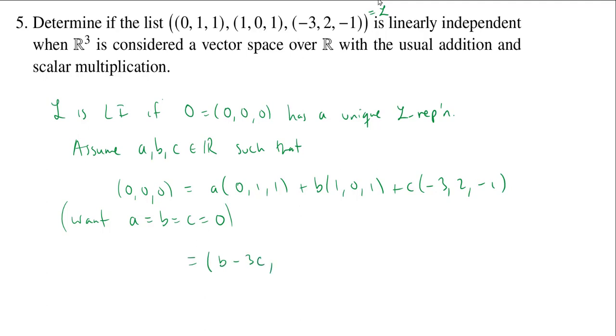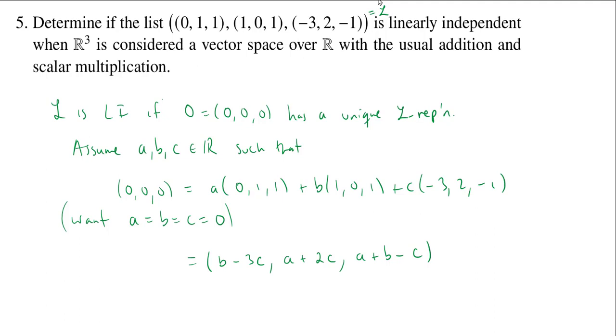In the second component, I get A times 1, B times 0, and then 2 times C, so this will give me A plus 2C. And finally, in the third component, I get A times 1 plus B times 1 plus C times negative 1, so this is A plus B minus C. Now on the left-hand side, I have 0, 0, 0, and on the right-hand side, I have this more complicated expression.